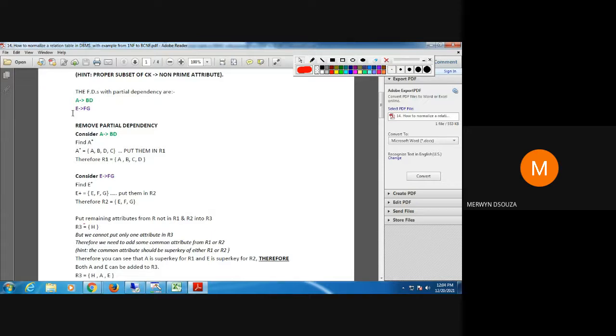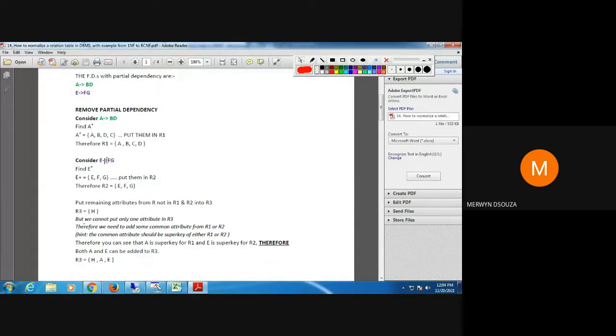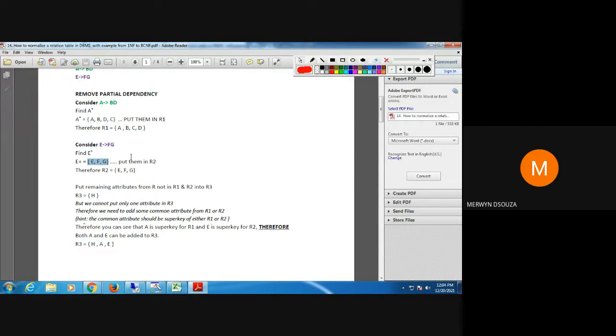Next, consider the second functional dependency which was causing a partial dependency in R: E determines FG. Find the attribute closure of E. You will get the attribute closure of E as EFG. Please do it and check it out yourself.